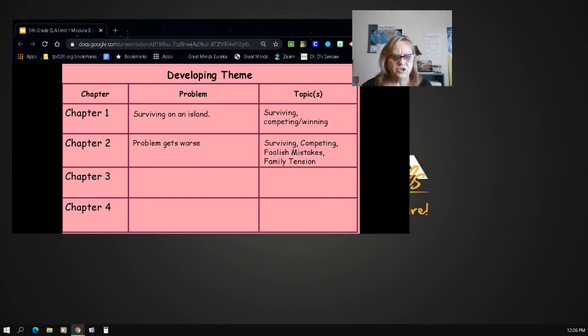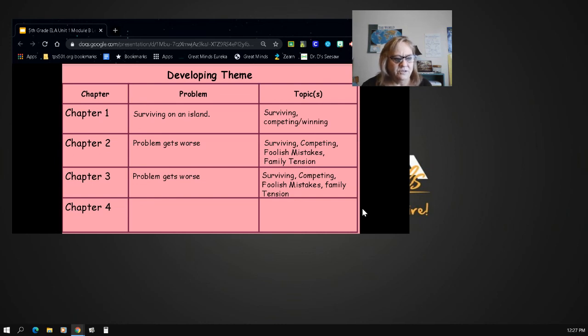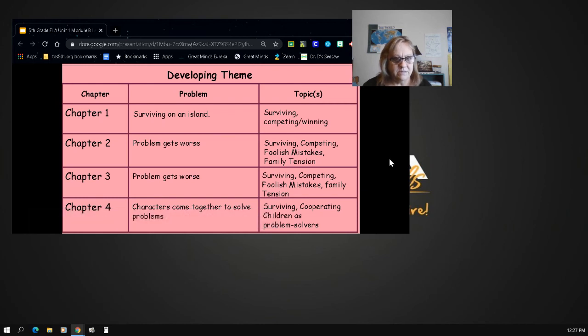Then in chapter 4, we see the characters are working together to solve their problems. These characters are the children, aren't they? We would say the topic in chapter 4 was survival and the children cooperating as problem solvers.